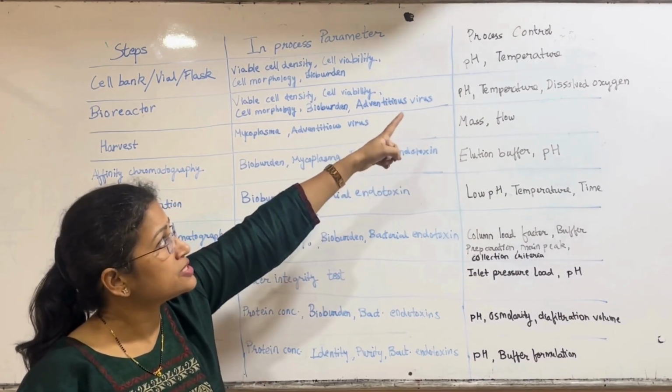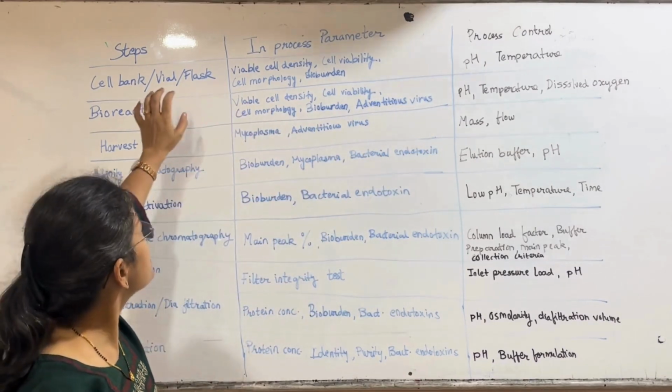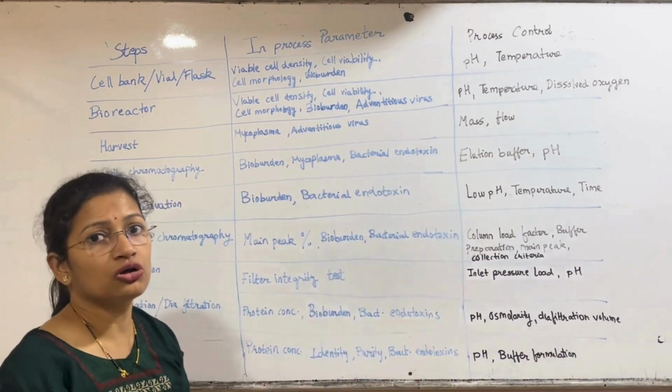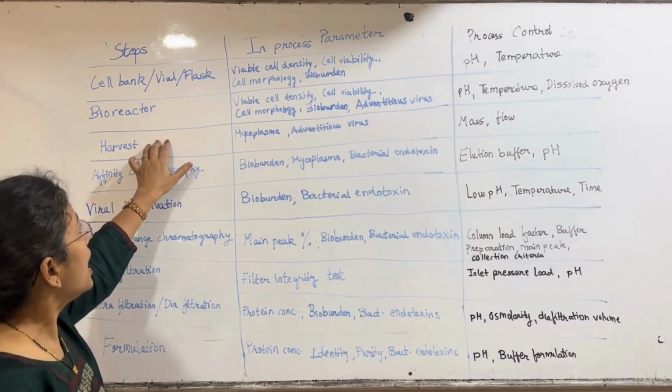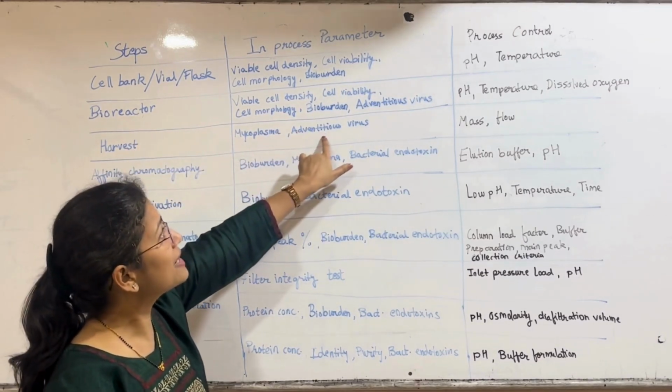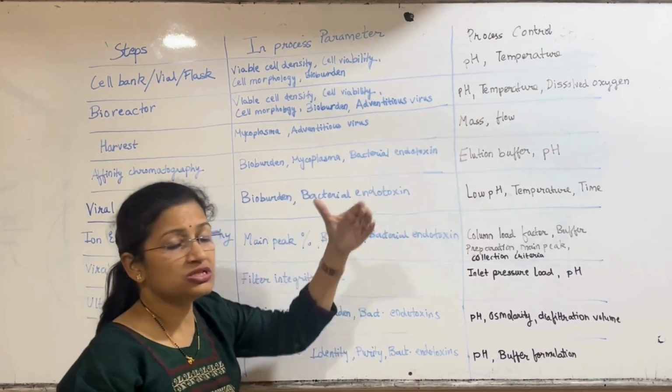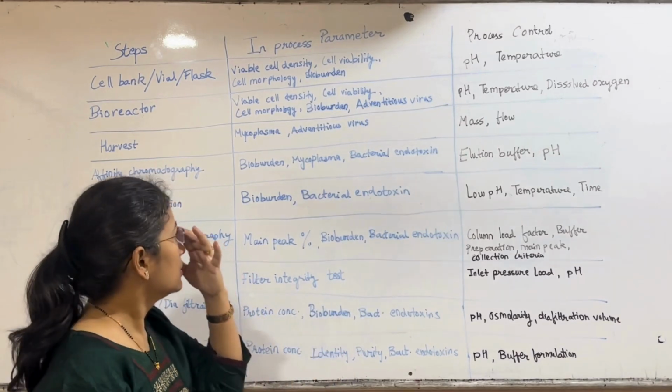And of course the process control will be pH and temperature, and since this is a bioreactor, we also need to control dissolved oxygen quantity. Harvest: Mycoplasma and adventitious virus. Mass and flow will be the controls.